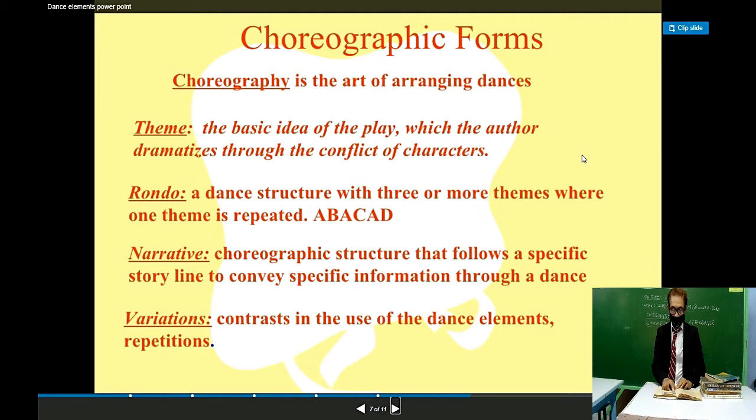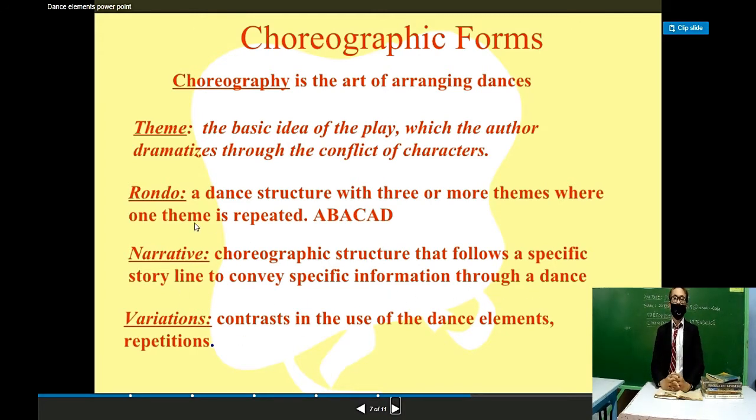Another element of dance is choreographic forms. Choreography is the art of arranging dances. Without choreography, your dance moves are not so good to look at. Choreography includes theme. In choreography, there must be a theme, a rondo, a narrative, and variation.